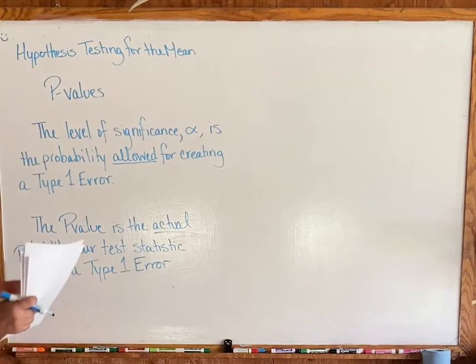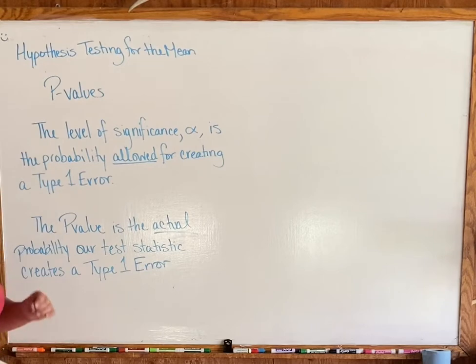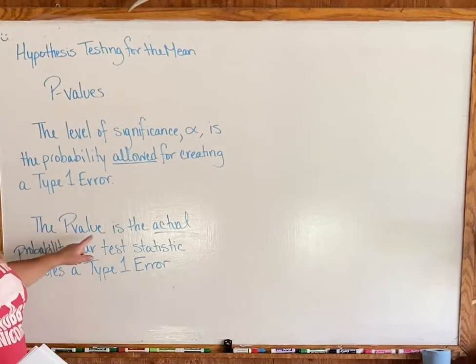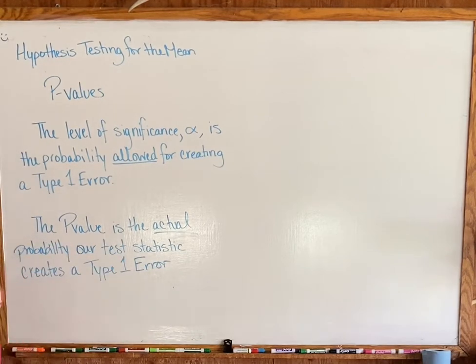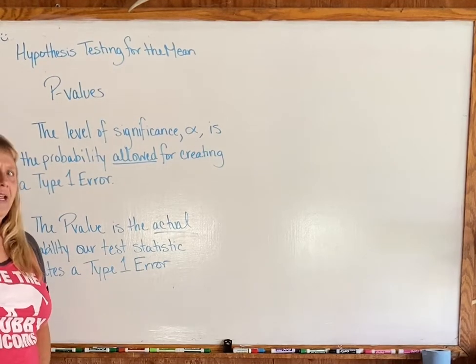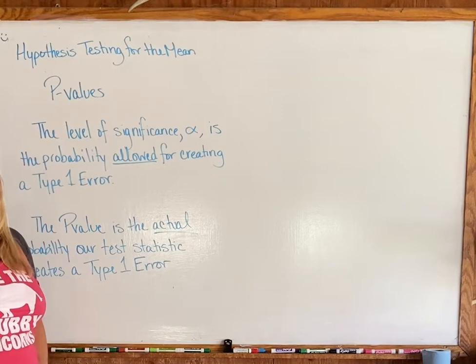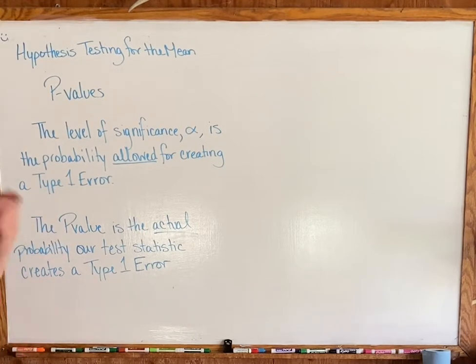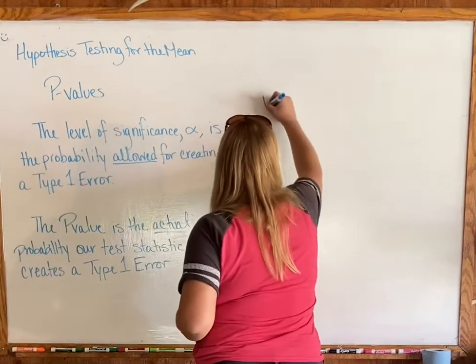So finding that p-value is going to be important. If the p-value is the actual probability our test statistic creates a type 1 error, we don't want that error, do we? So don't we want this probability to be as small as possible? That's just something to keep in the back of your head.